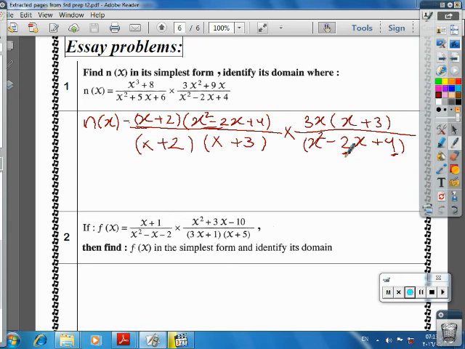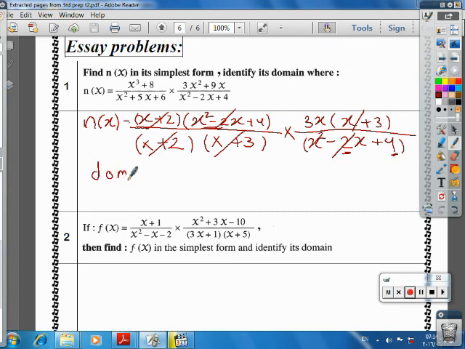Okay, now we can cancel x plus 2 with x plus 2, and the bracket x power 2 minus 2x plus 4 with x power 2 minus 2x plus 4, and also x plus 3 with x plus 3. We can do that in multiplying and dividing fractions only. Then we can identify its domain before solving.